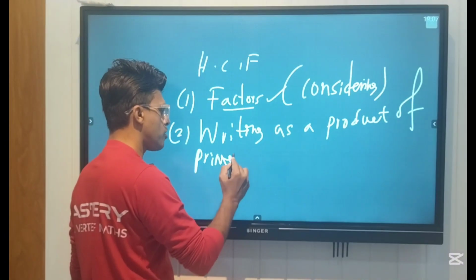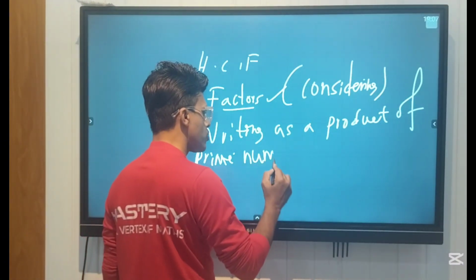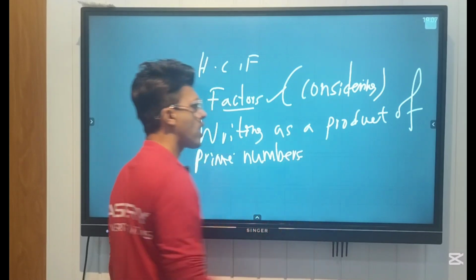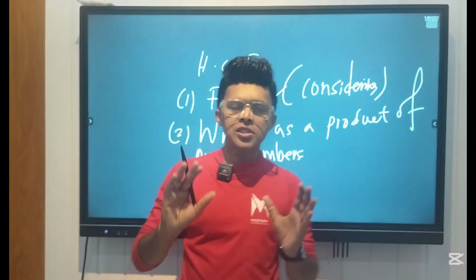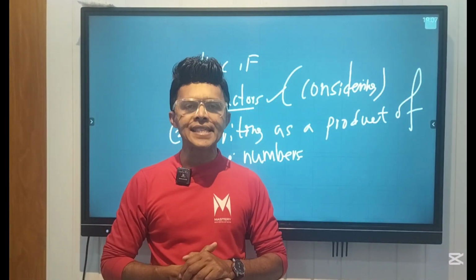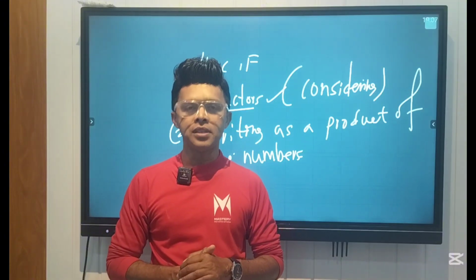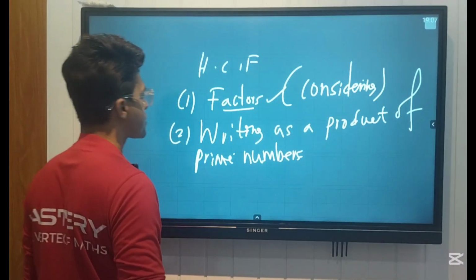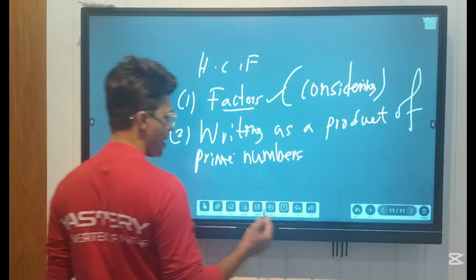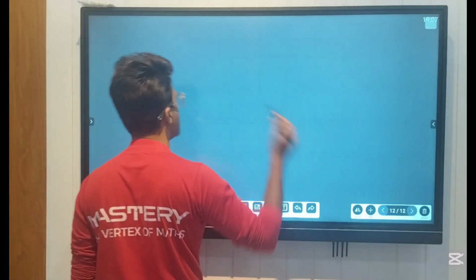These are the two ways of finding the HCF of given numbers. The first thing is considering factors. You could find the HCF of given numbers.